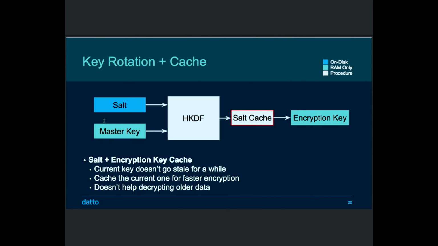Now, that being said, this salt and this resulting encryption key are going to be usable for quite a while. So we don't need to change it on every single operation. So we're going to be able to cache this for a while. And basically, we will regenerate it every certain number of transaction groups or every time that you re-import the pool.